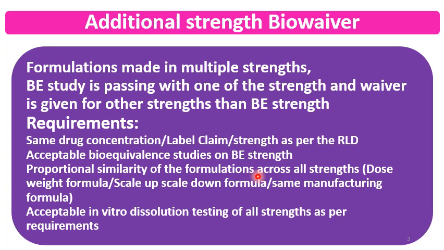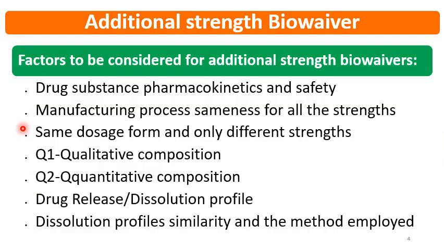Proportional similarity of the formulations across all strengths, which is called dose weight formula, or scale up scale down formula, and sometimes it is called dose proportionate formula. The manufacturing process should be the same. Then acceptable in vitro testing for all the strengths as per the requirements. Dissolution testing is much more important while asking for the biowaivers.